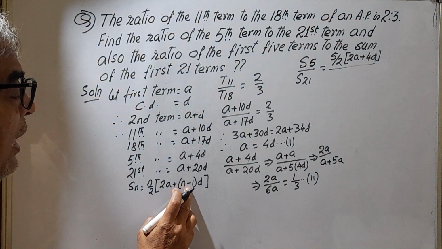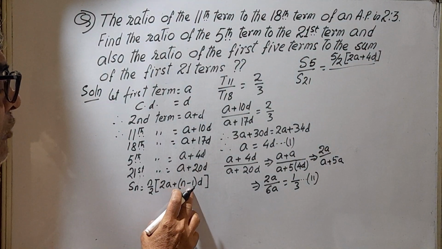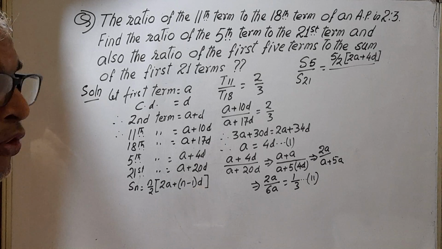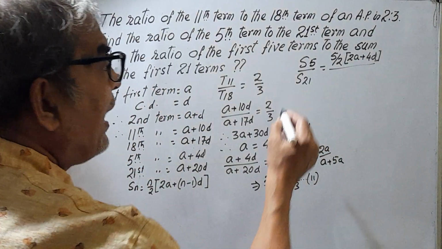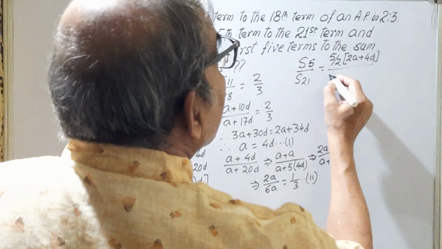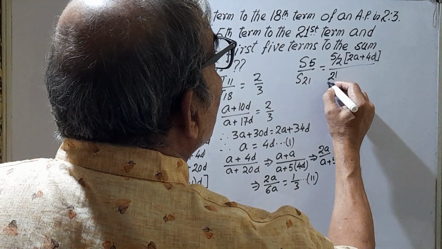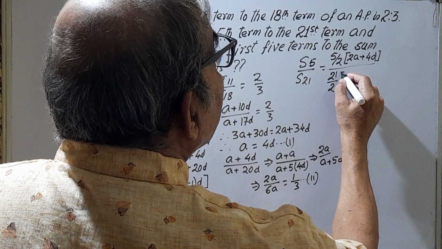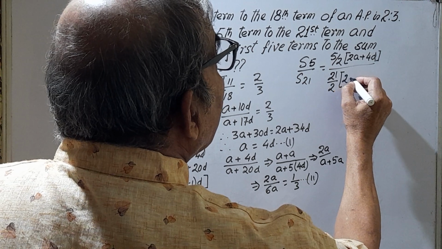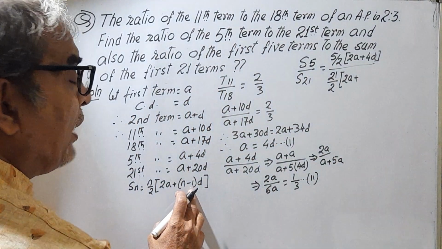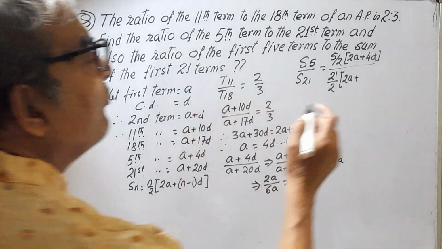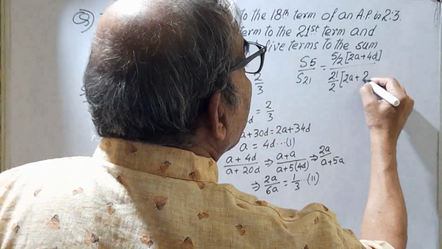See, n minus 1, n is 5, 5 minus 1 is 4, 4d, and because 4d equal to a, I can change it. So now like this, 21 by 2, and this is 2a plus 20d, n minus 1 is 20d.